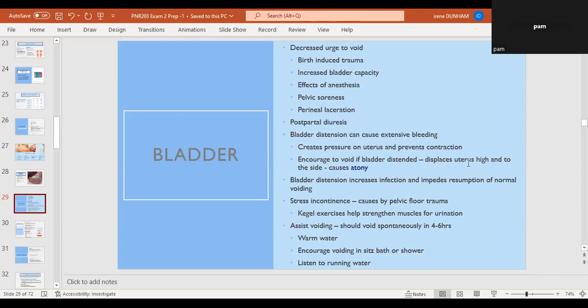And the uterus is now above the umbilicus and deviated over to the side, and she's having an excess amount of bleeding, it's because the bladder is distended. Okay. Now, bladder distension increases infection, of course, and impedes resuming normal voiding. So you want to make sure that she gets it all out.